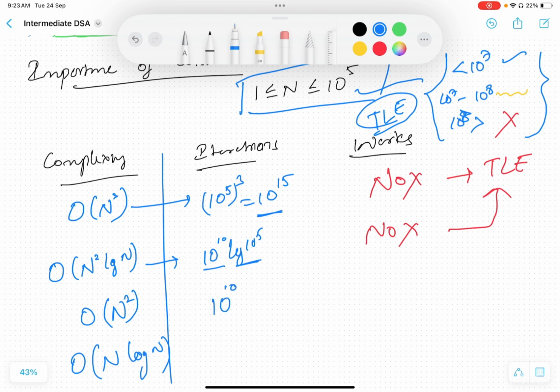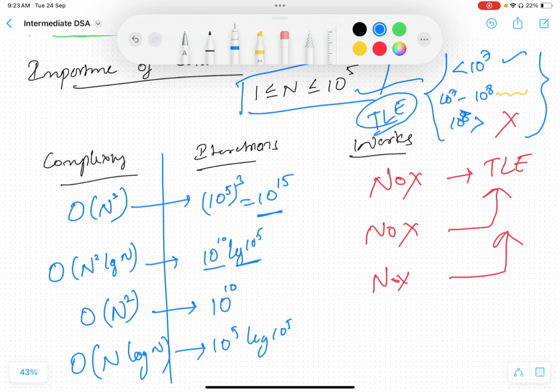Now again, 10 power 5 whole square, which is n square. Here also your approach won't work because we are looking for something less than 10 power 8, right? Now you take 10 power 5 log 10 power 5, right?